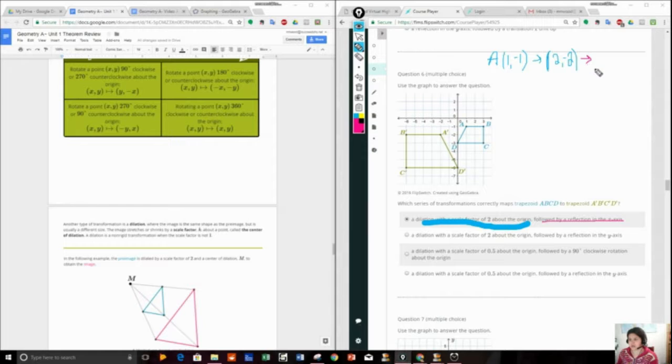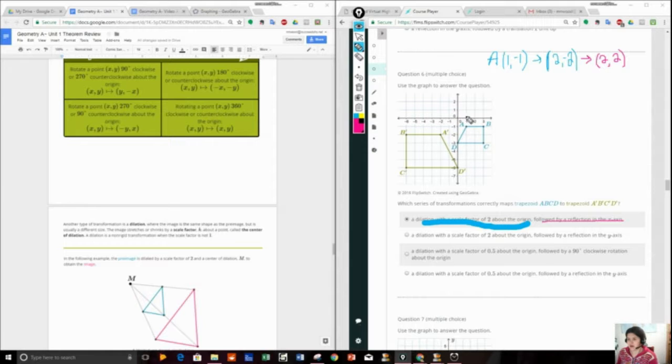Reflections in the x-axis keep the x-coordinate the same, 2, and change the value of our y-coordinate. So negative 2 would become positive, so it changes its sign. So A prime should be at 2, 2 if we followed this transformation correctly.